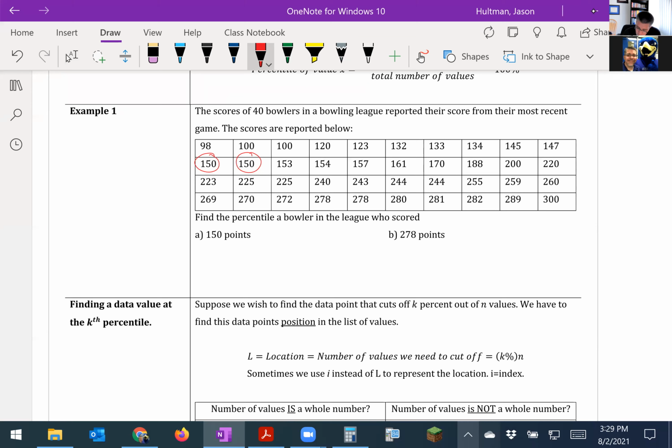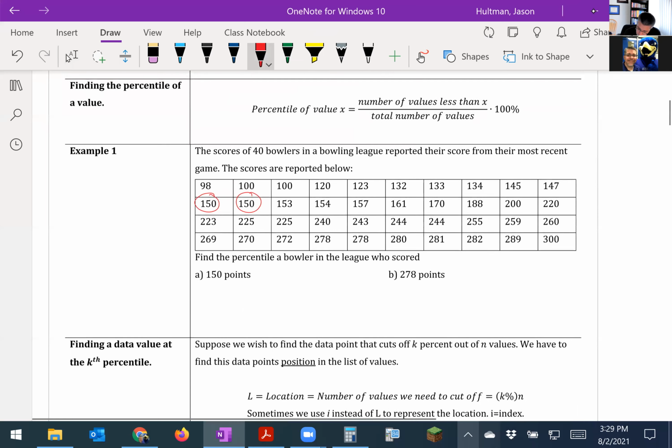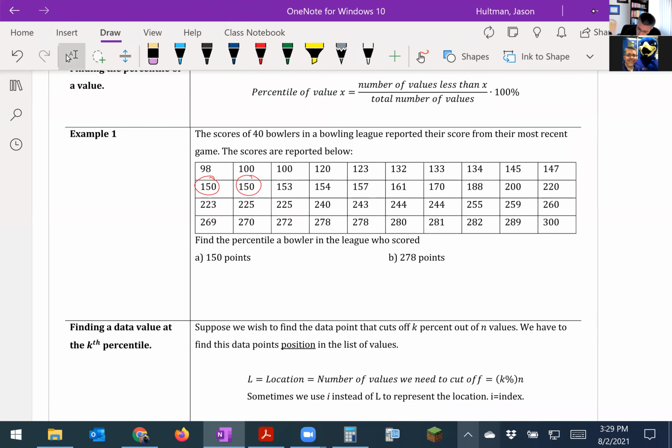Okay, so we want to find the percentile. So we want to know what are the number of values less than 150. Well, it's the whole top row that's less than 150. So there are 10 of them. So there are 10 out of 40 that are less than 150.